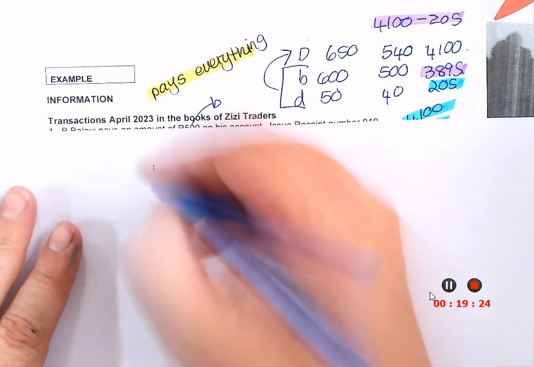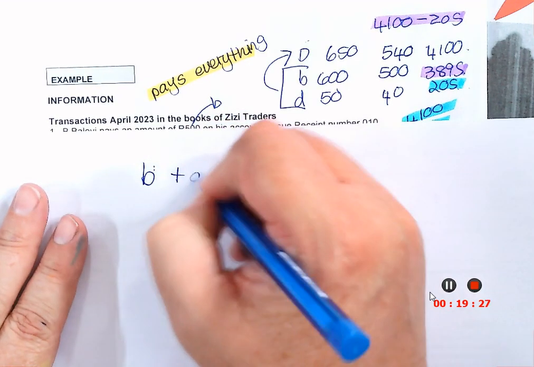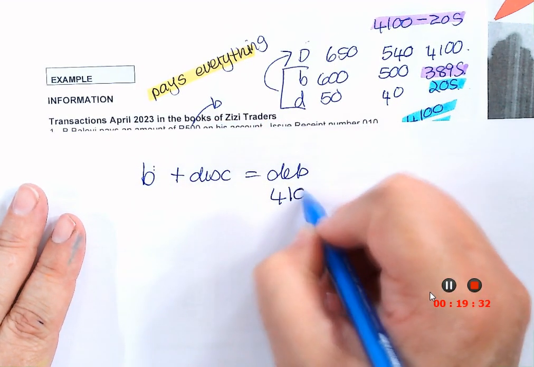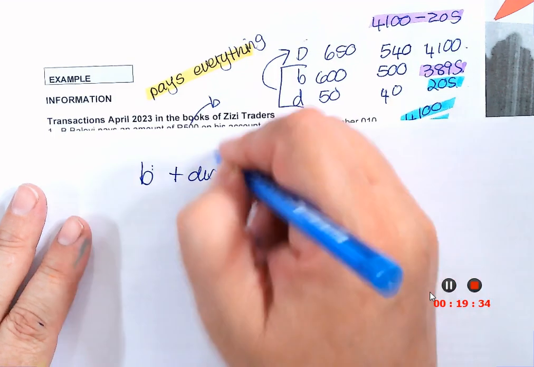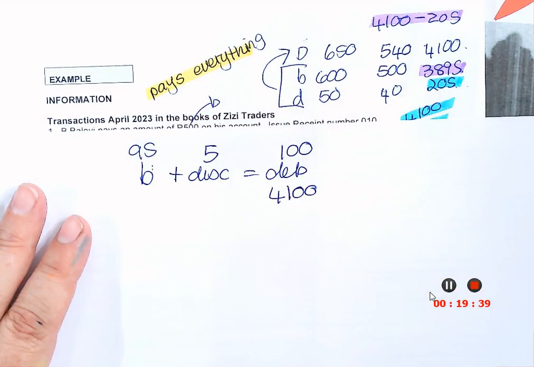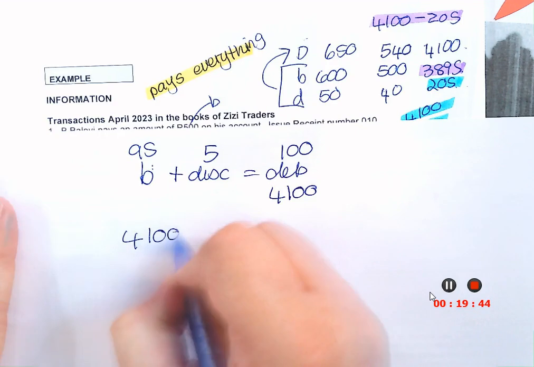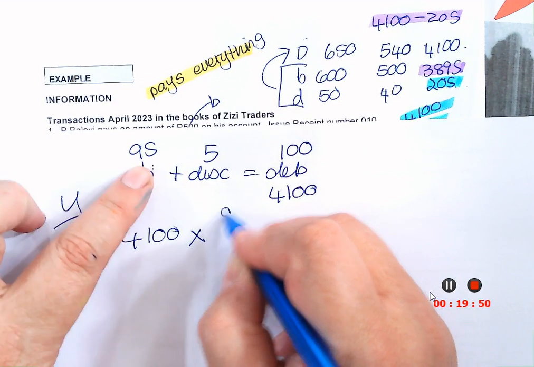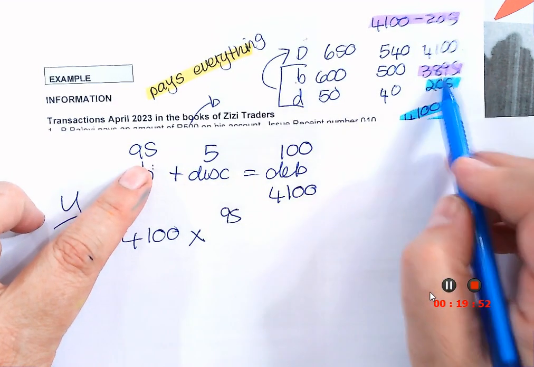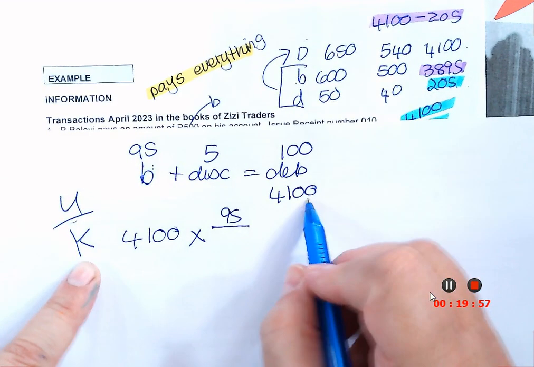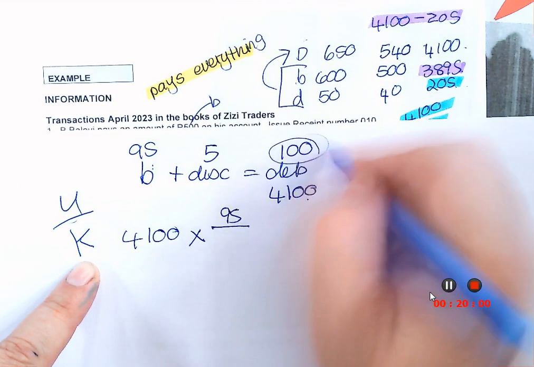I know I have my bank, my discount gives me my debt. His debt is 4,001, right? I know the discount is 5 and the debt is 100, meaning he pays me 95. So if I take the 4,001 and I do the unknown, the unknown is the 95 because I'm asking you how am I going to get the 3895? What is the known? The known is the 4,001. What's the percentage?